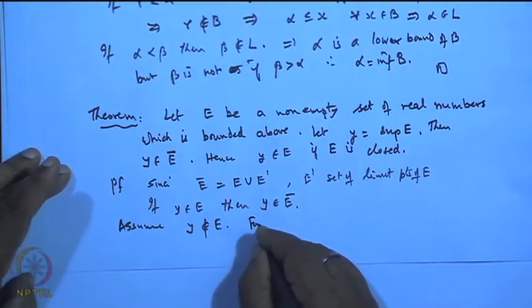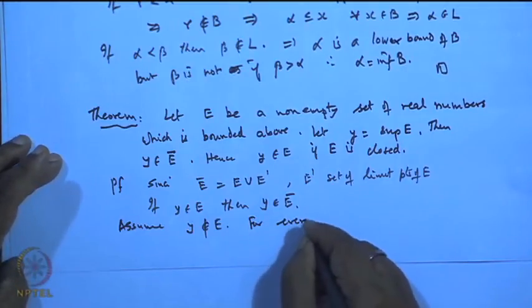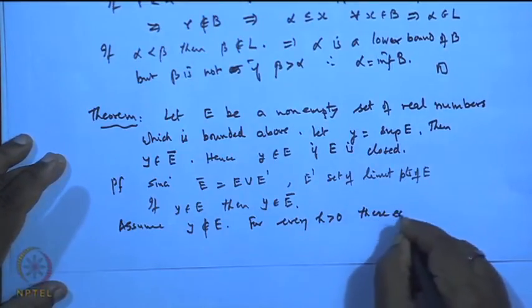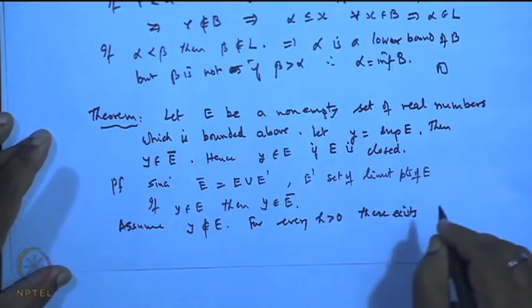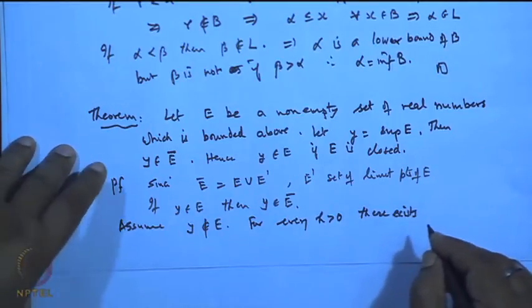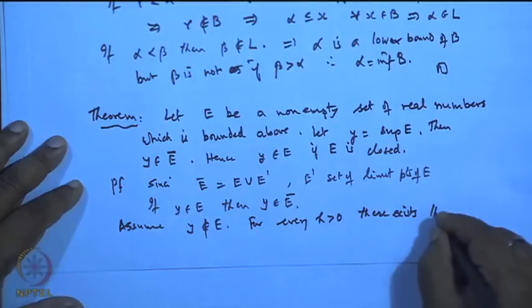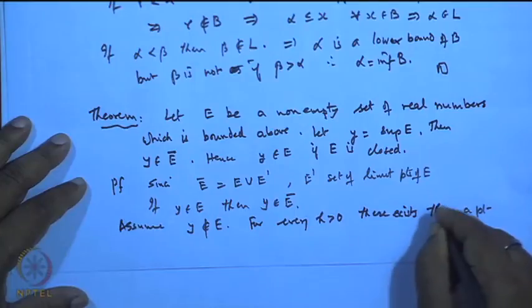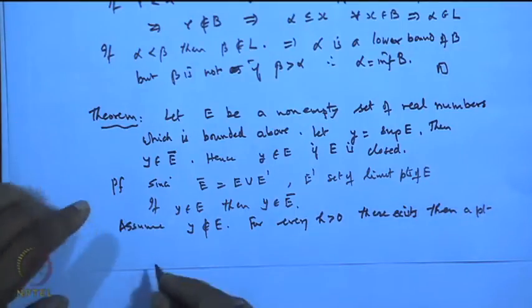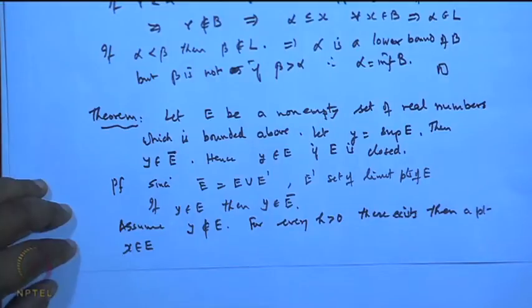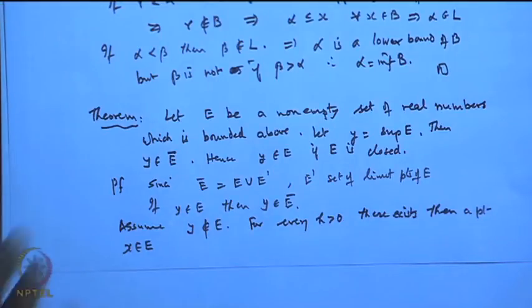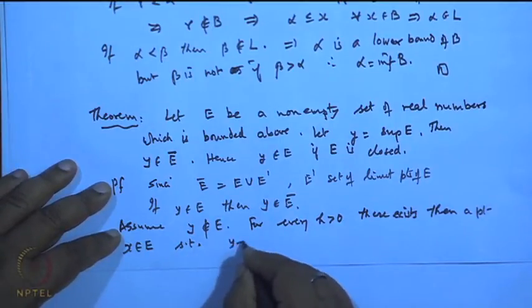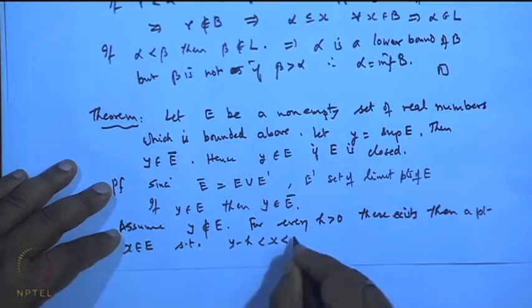So, for every h greater than 0, there exists a point x belonging to E such that y minus h less than x less than y holds.